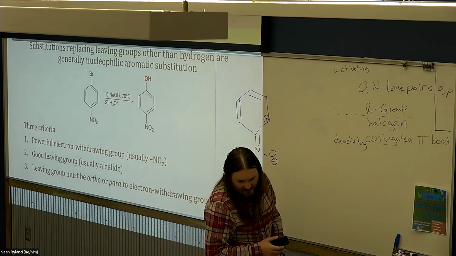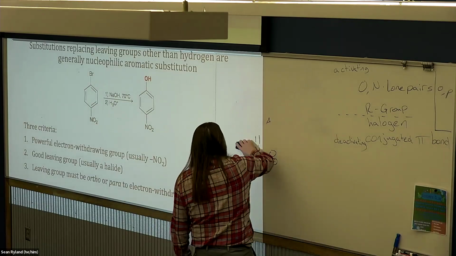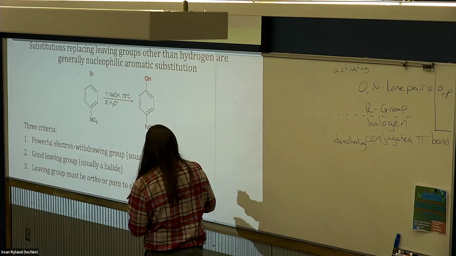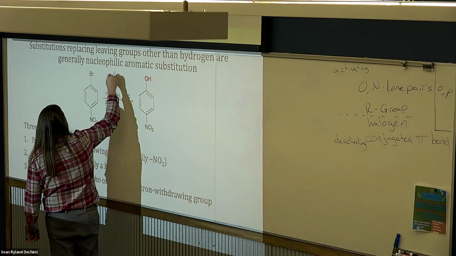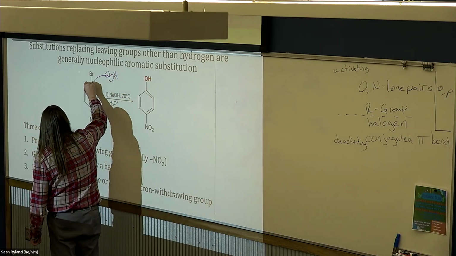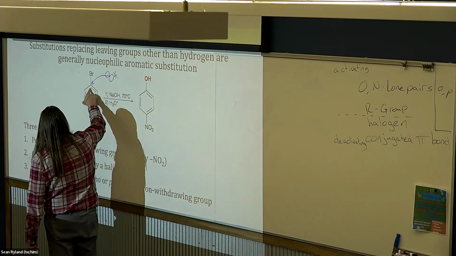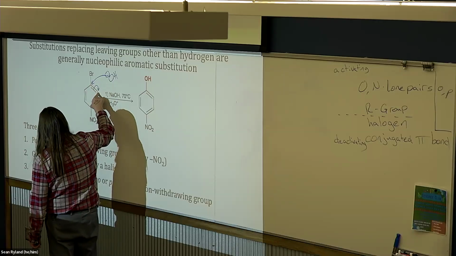And so if we have a nucleophile attached to this position here, if we bring in hydroxide as our nucleophile, we need to make room for it, right? And that's going to put a negative charge.